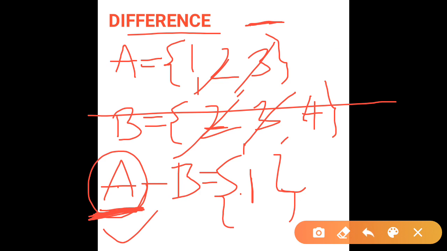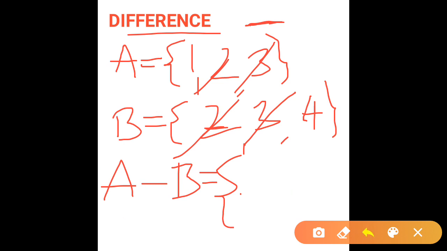Simply here also the bigger set means A. So you should remember, you should write the rest of the elements of the first set after cutting the common or similar elements, right? So we'll take another example.